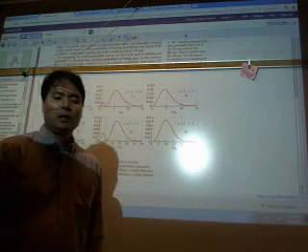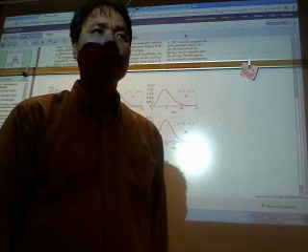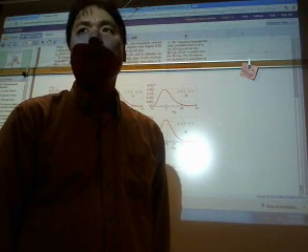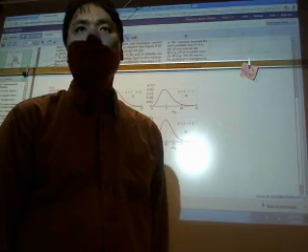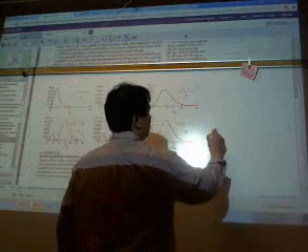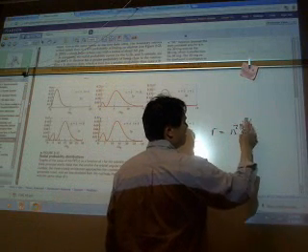And in fact, what is the effective distance for an n equals 3 electron in a hydrogen atom? It's a naught over, or no, n squared times a naught. You guys remember this equation? r equals n squared times 0.53 angstroms.